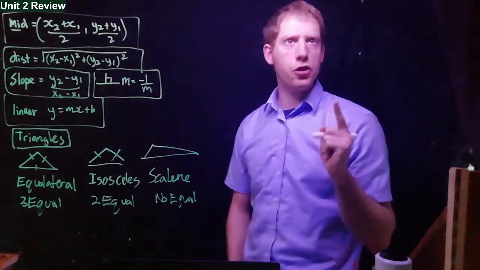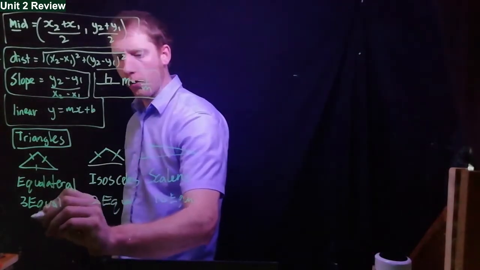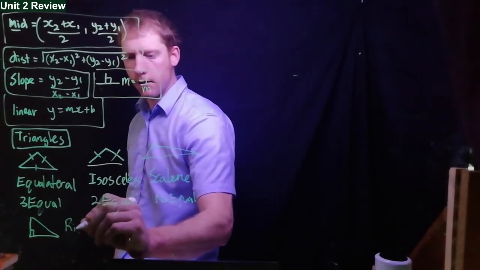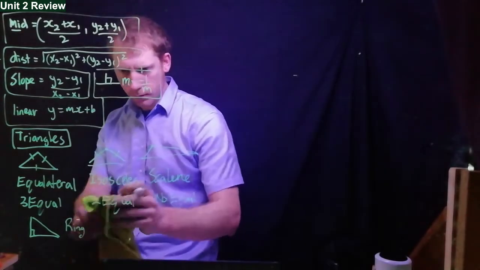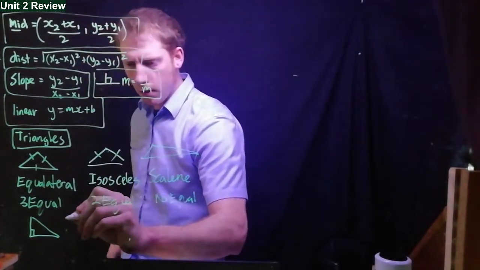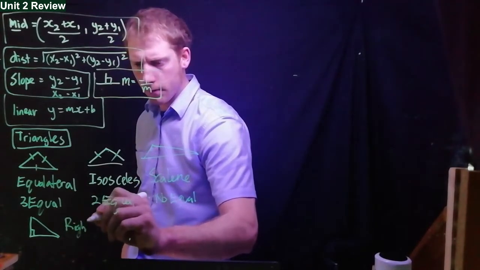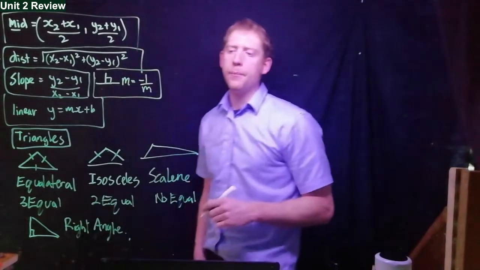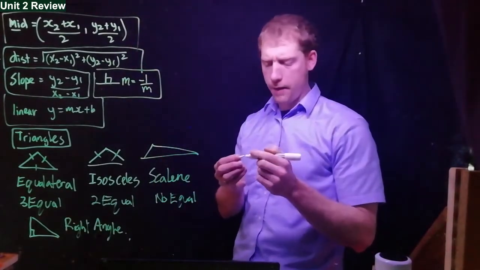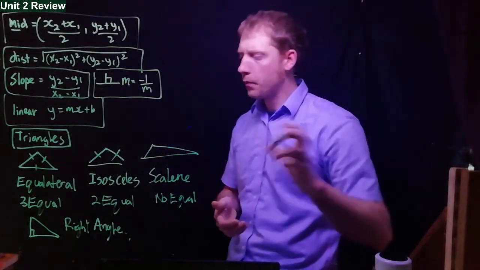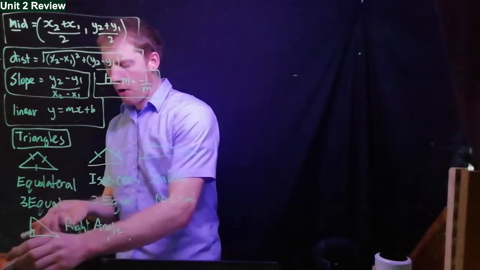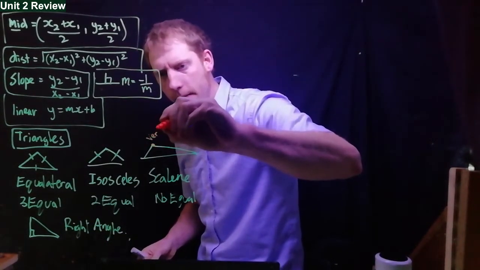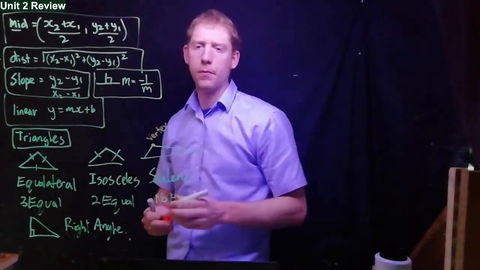The other type of triangle that we have talked about is called a right angled triangle. We can determine if a triangle is a right angled triangle because the points of a triangle are called the vertexes, or vertices.